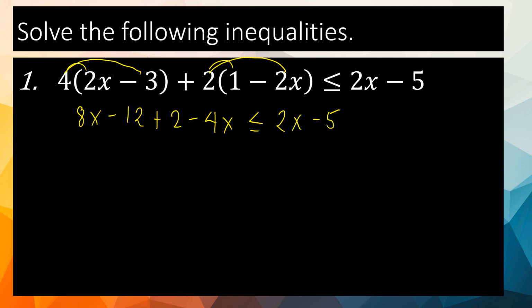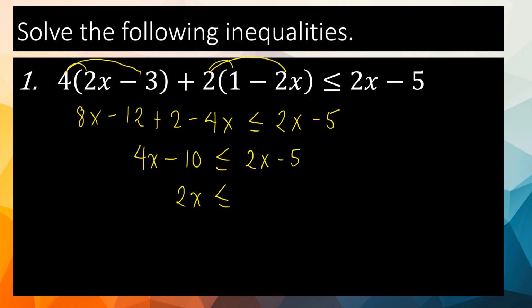Let's simplify the left side. You will have 8x minus 4x, so that is 4x, and then negative 12 plus 2 is negative 10, is less than or equal to 2x minus 5. Now let us combine like terms. Let's transpose 2x to the left side, so that would be 4x minus 2x, which is 2x.